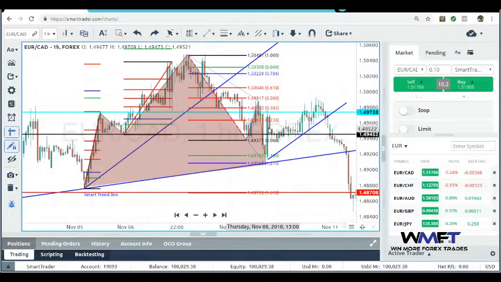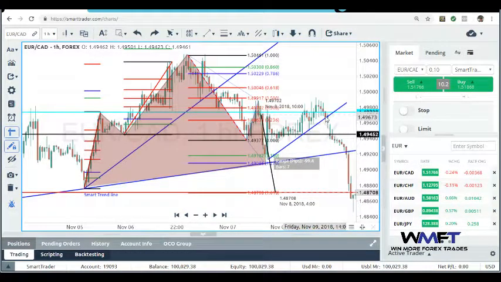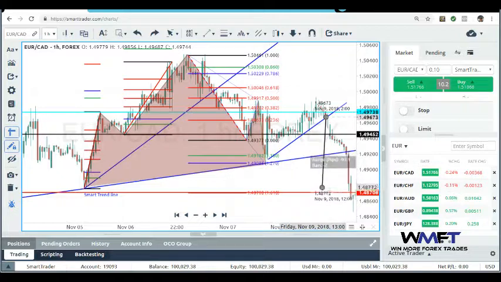Your first sell trade would have been at that right tip, so you would have entered there. That trade would have had a total of 99 pips, and this trade right here, a total of 96. So that's 99 and 96 for about 196, close to 200 pips.